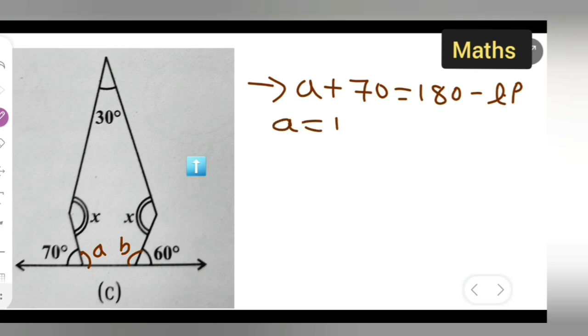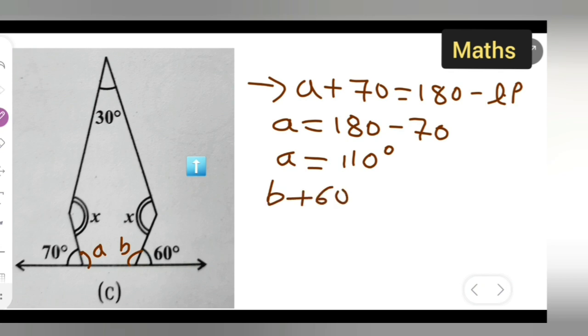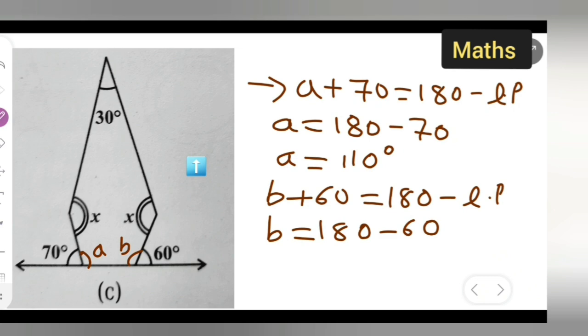So A is equal to 180 minus 70, which gives A is equal to 110 degree. Next, let us find B: B plus 60 is equal to 180. That is again a linear pair. So B is equal to 180 minus 60, which gives B is equal to 120.